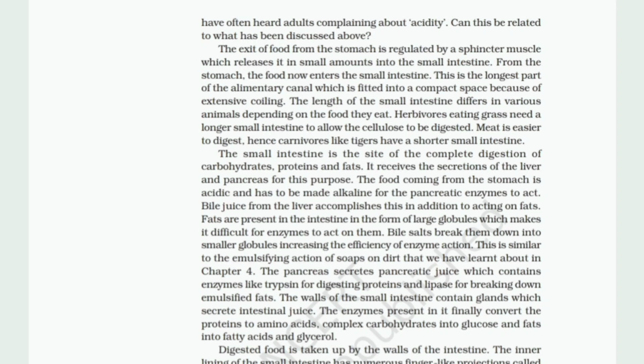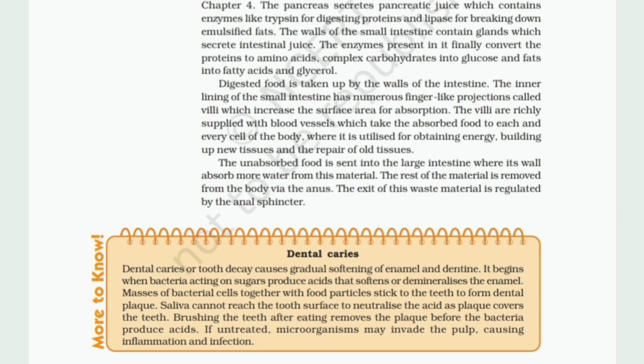The enzymes present in it finally convert the proteins to amino acids, complex carbohydrates into glucose, and fats into fatty acids and glycerol. Digested food is taken up by the walls of the intestine. The inner lining of the small intestine has numerous finger-like projections called villi which increase the surface area for absorption.